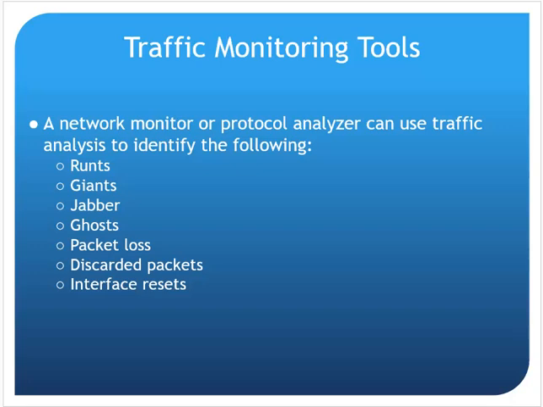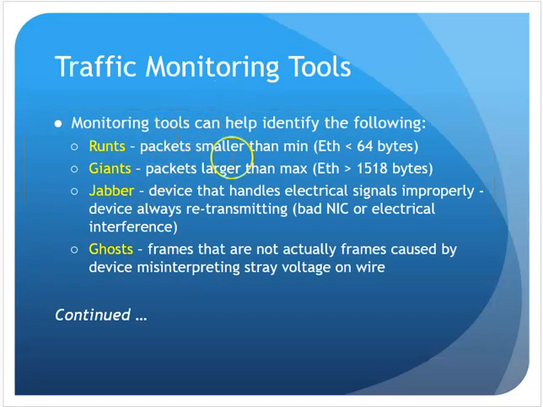A network monitor or protocol analyzer can use traffic analysis to identify the following. These would typically indicate some type of problem in the network. Runts are packets that are smaller than the minimum, less than 64 bytes. These might be fragments of something.